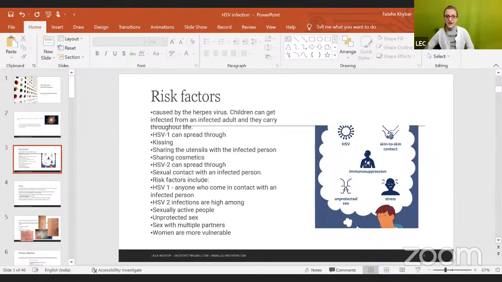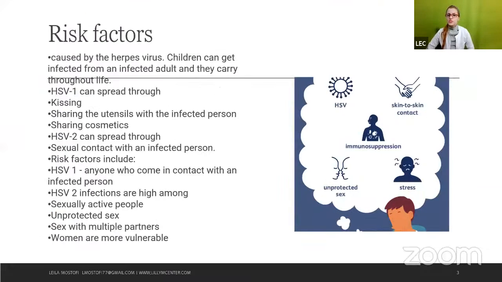What are the risk factors? Children can get infected from uninfected adults and they can carry it through life. HSV1 can spread through kissing, sharing utensils with the infected person, and sharing cosmetics, and HSV2 can spread through sexual contact with an infected person.